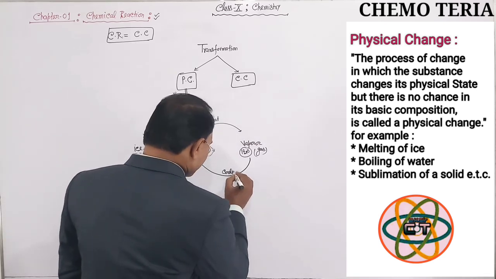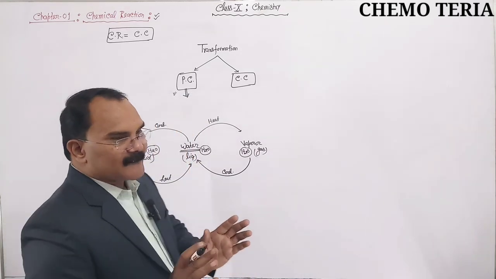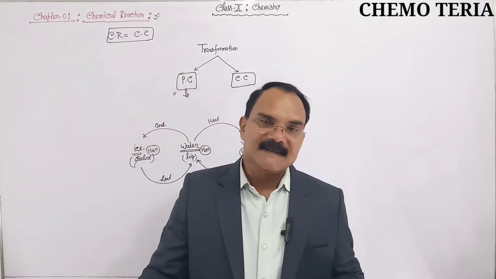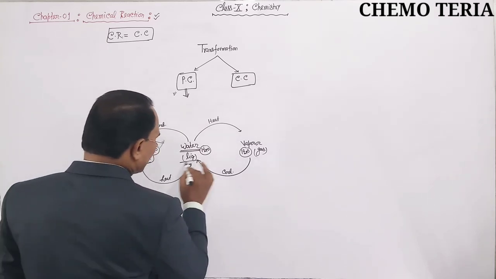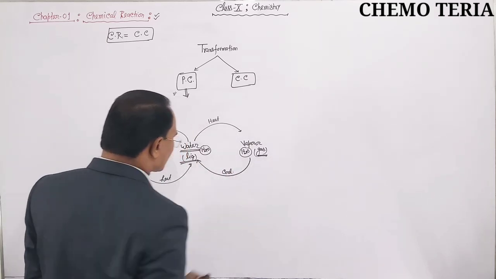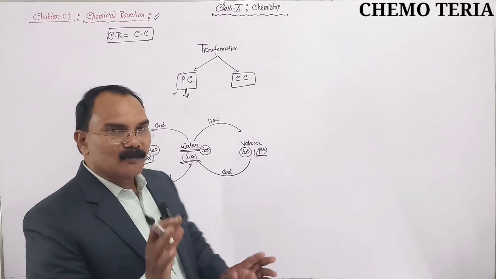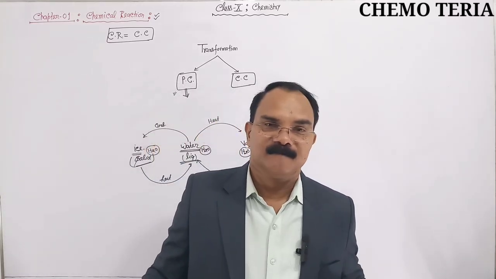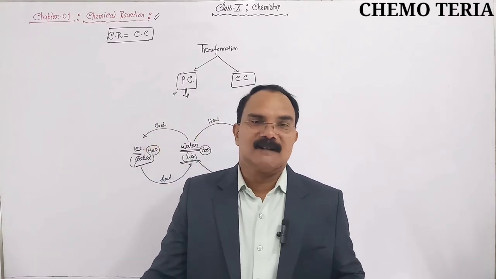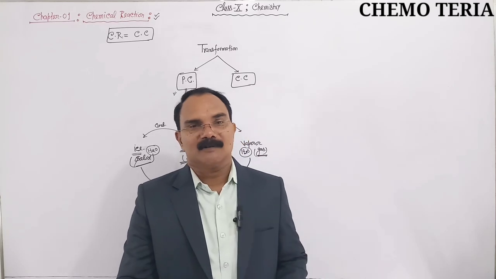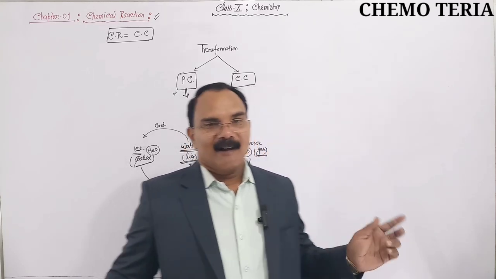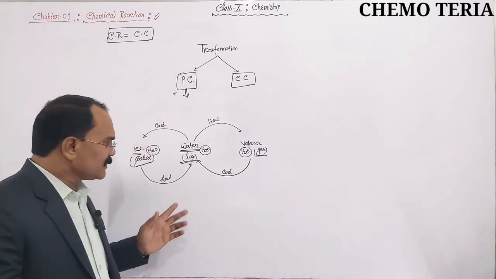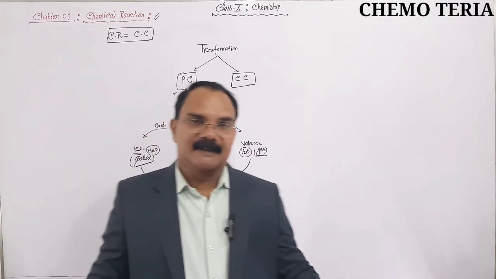So you can say that in all these three states of solid, liquid and gas, the substance or the compound or the matter is the same. There is no change in the basic structure of the molecule. That is the only change in the appearance of the matter, solid state, gaseous state or liquid state.